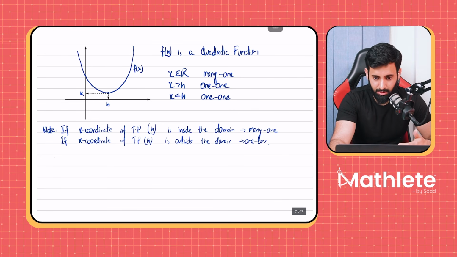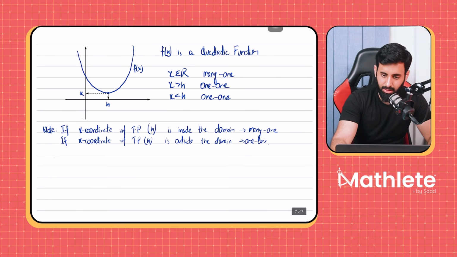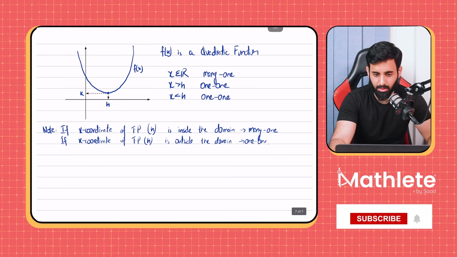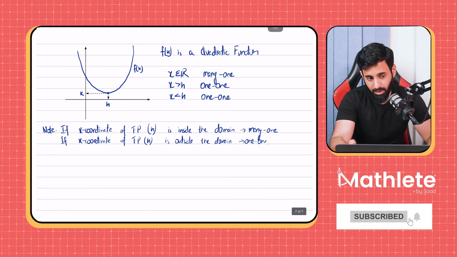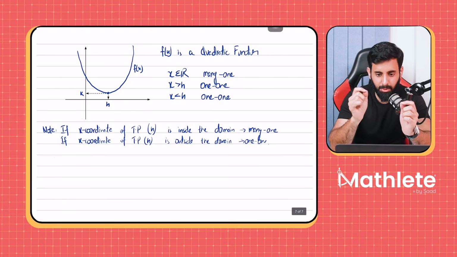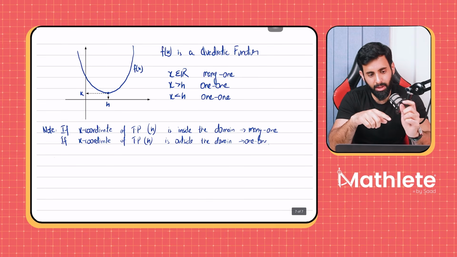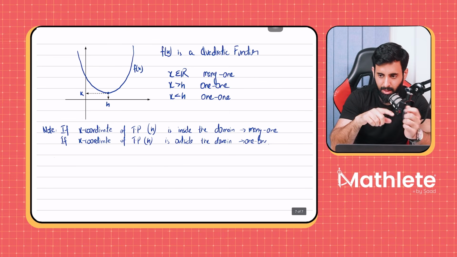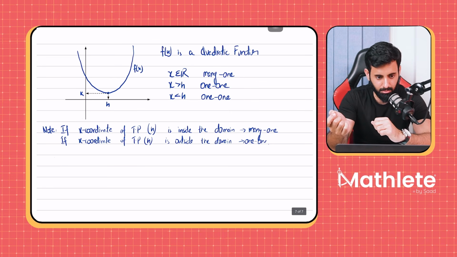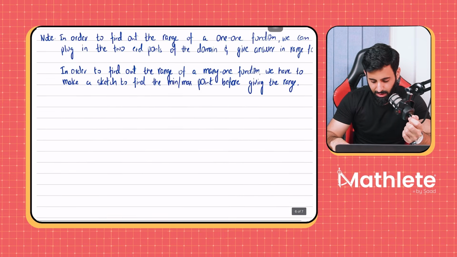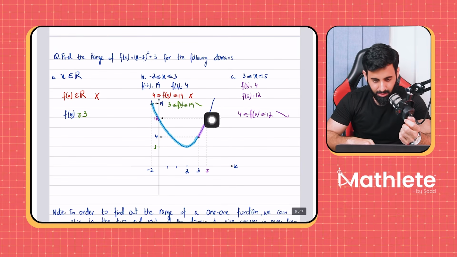For that, you need to understand what a one-to-one function is in detail. A one-to-one function is a function that is either only increasing or only decreasing. But if a function between two endpoints is doing both, then you can't plug in the endpoints and expect one endpoint to give you the maximum and the other the minimum value. For example, from 3 to 5 it's a one-to-one function.